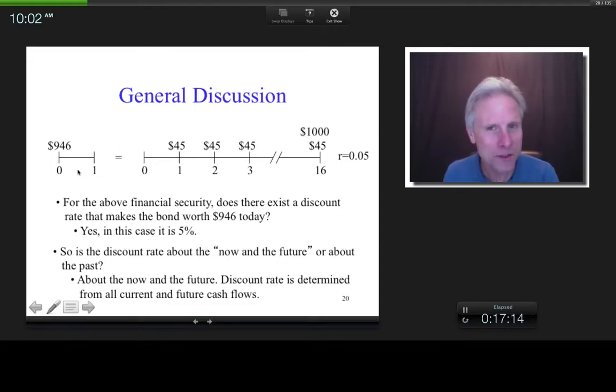Well, in a direct sense, you buy stock today, presumably, based on what you hope to get out of it. I mean, you're the one who's buying it, and presumably it's your returns that you care about. And so when you buy a stock today, it's basically a decision about the now and the future. The now is what you're paying for it today, and the future is what you hope to get out of it. Now, does that mean the past is irrelevant?